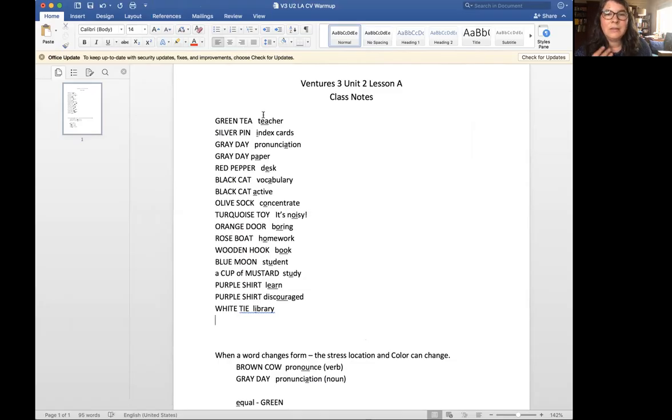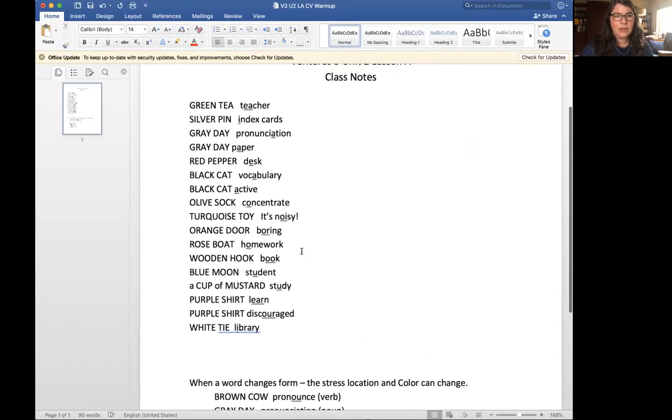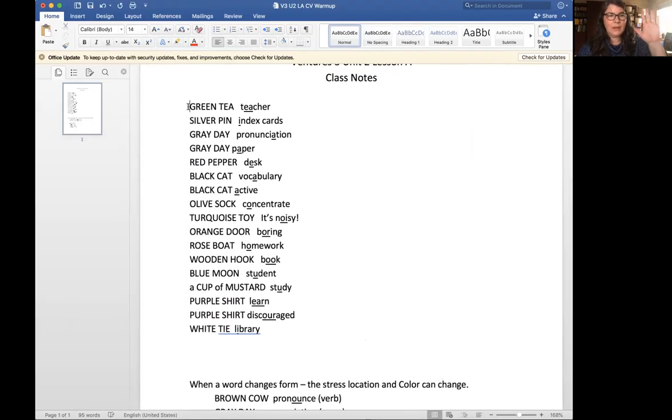So these are all school words, and most of them are from the listening. So take your hand out. We're going to say green tea teacher, silver pin index cards. I know this is 2 words, but they act like 1 word together. Index cards. Good.